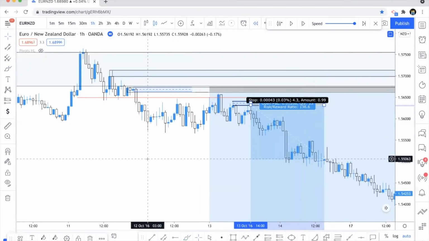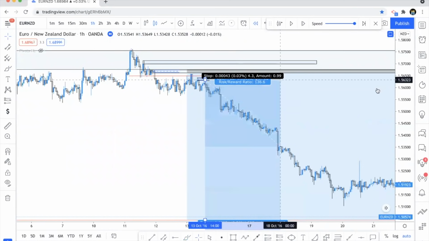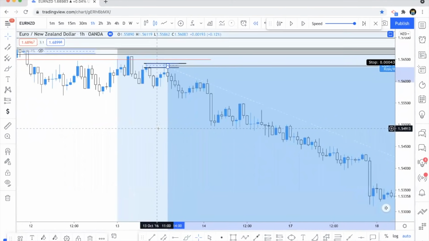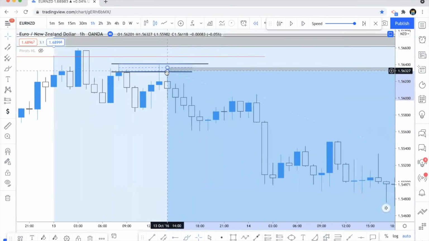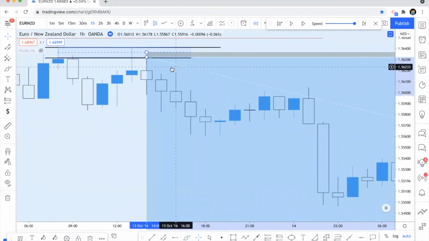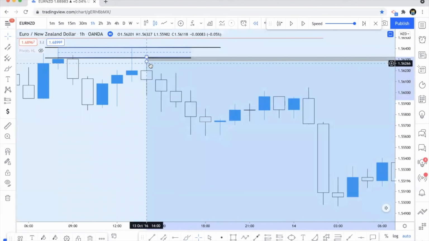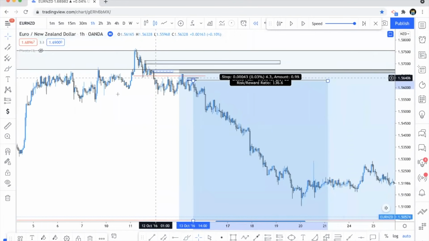I mean, that to me is just unbelievably amazing. See? So this is the power of refining order blocks. Okay. And of course, my theory or my liking would be to enter right when the open happens below the order block here. And that's how you would do it.